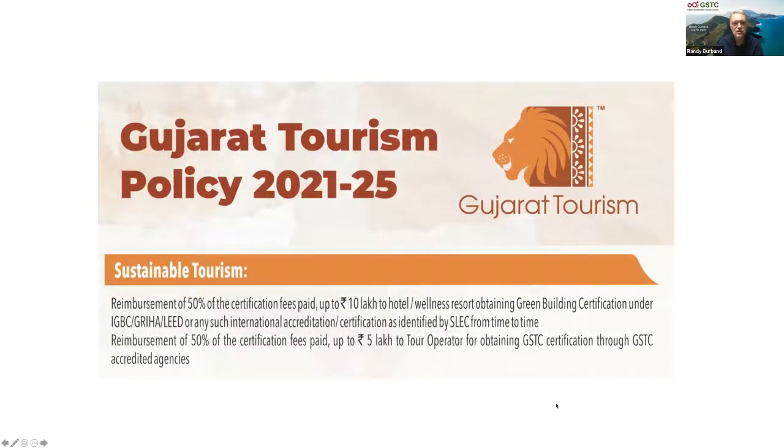Raman mentioned the state of Gujarat; this is a draft policy. They've not put this into place, but what a brilliant approach. They're actually looking at subsidizing tour operator certification. What a brilliant thing. If you want tourism more sustainable in your country, your state, your province, your city, push the industry, right? The city of Amsterdam in the Netherlands has a big riverboat trade.